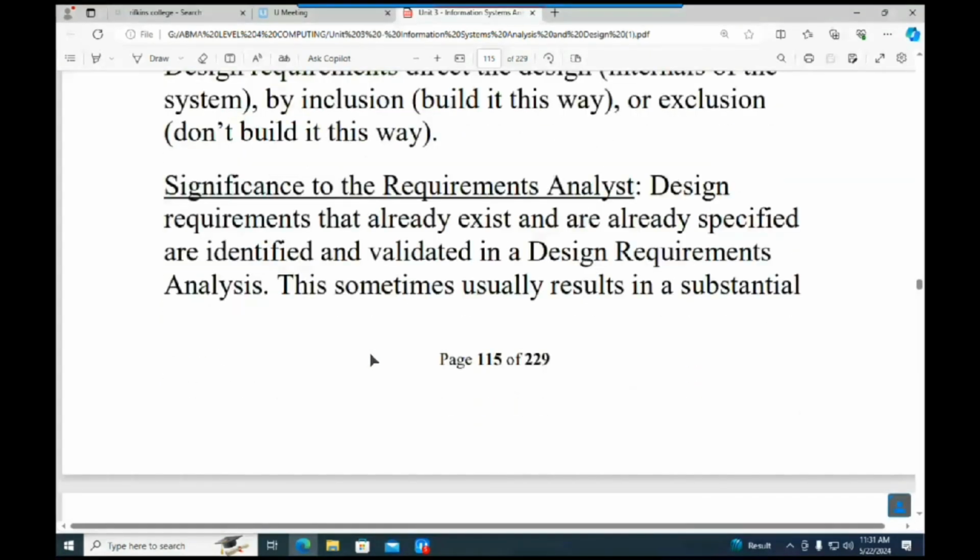So the design requirements have significance to the requirements analysis, because we just have the requirements that are already existing, but then they are identified, then validated in a design.